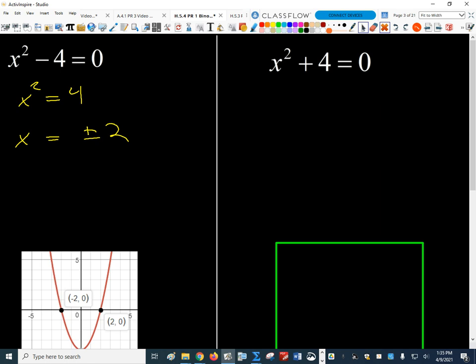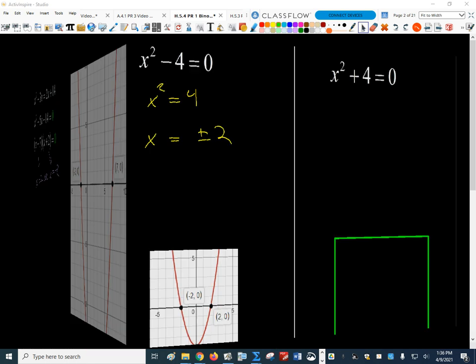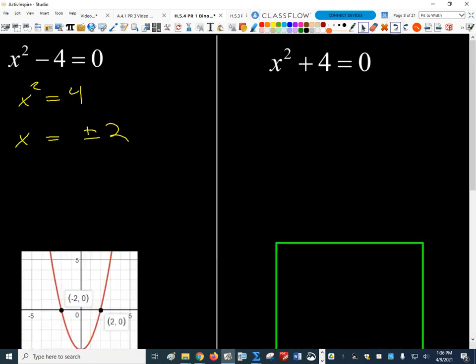How about this one? Now, there is no sum of squares pattern, agreed? So I can't even use a factoring pattern, but I could solve here. I could do the same thing. I could subtract the 4, and get x squared equals negative 4. Square root both sides, and get x equals plus or minus what?